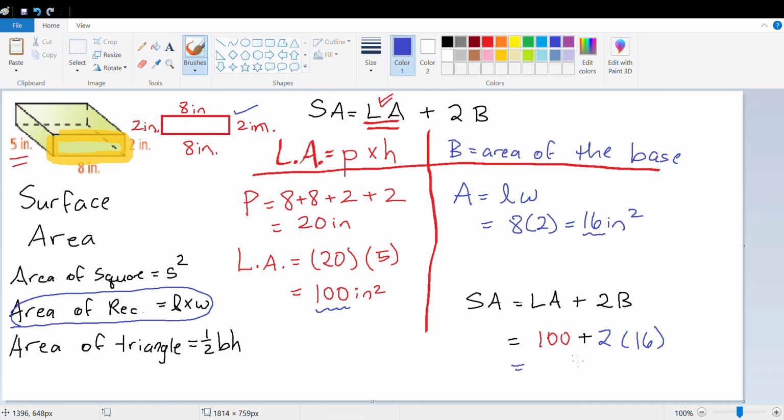So I'm doing 100 plus 2 times 16. Remember, we do multiplication first. We're not going to add first. So this will give me 32 plus 100. And when I put them together, it's going to be 132 inches squared. So this is how I'm going to be using the surface area formula to find the surface area of rectangular prisms.